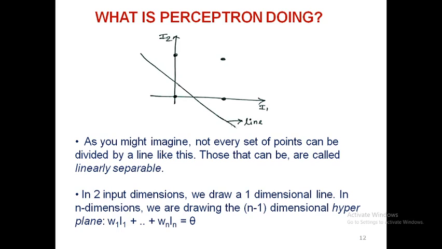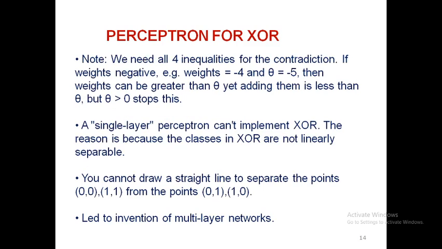If we go into detail, we need all four inequalities for this contradiction. Let us see whether negative weights can resolve this contradiction. Let us take both the weights as minus 4, and the threshold value as minus 5.